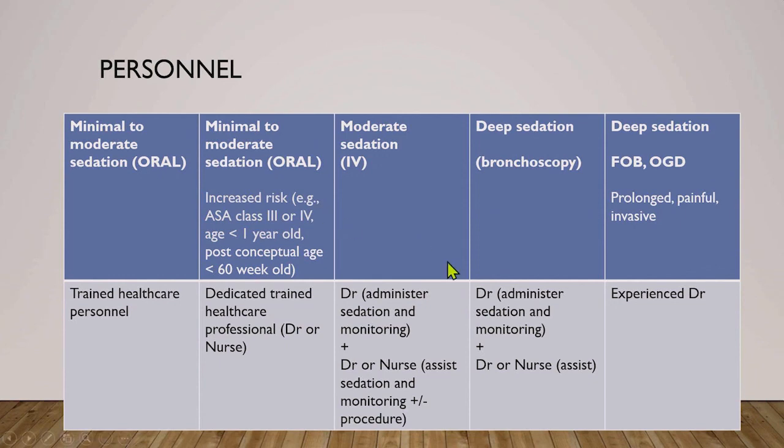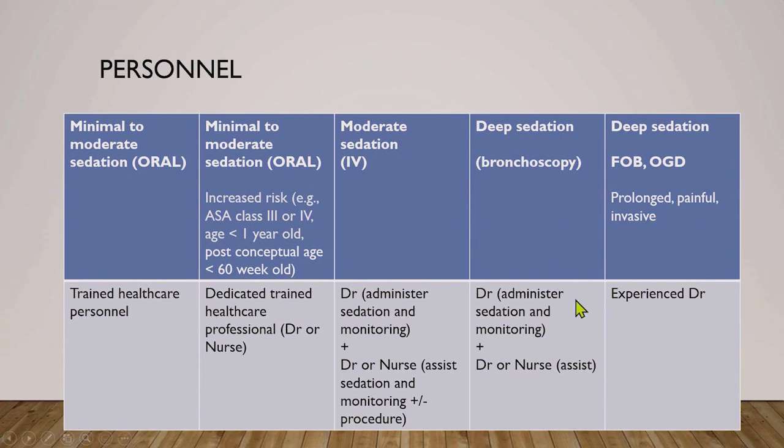If the patient needs a higher level of sedation, like moderate sedation using some intravenous medication, then there should be 2 personnel present. One is the doctor that administers the sedation and monitoring. Another could be a doctor or nurse that assists the sedation and the monitoring. If it is deeper sedation, like for bronchoscopy, where we aim at a deep sedation level, then there should again be 2 personnel responsible for sedation.